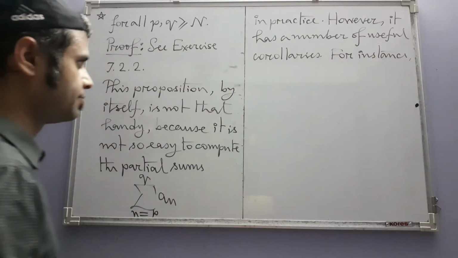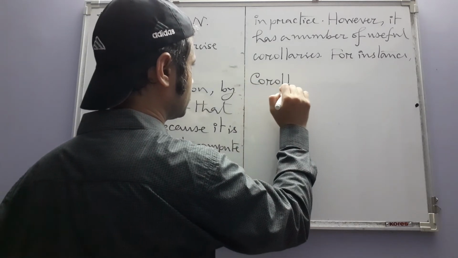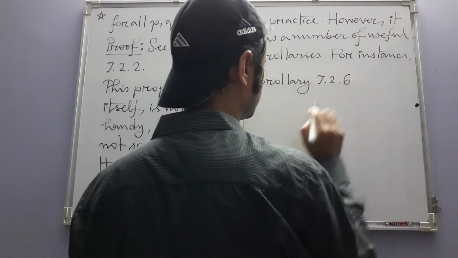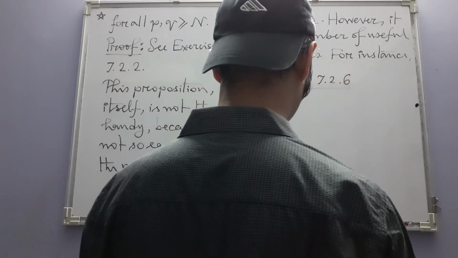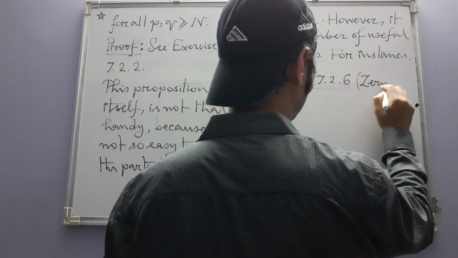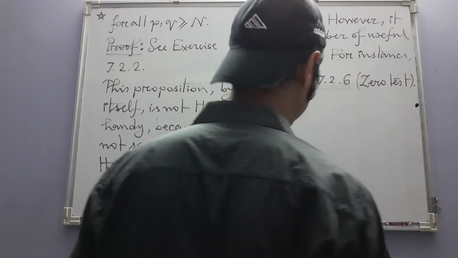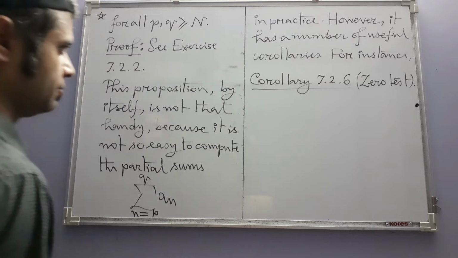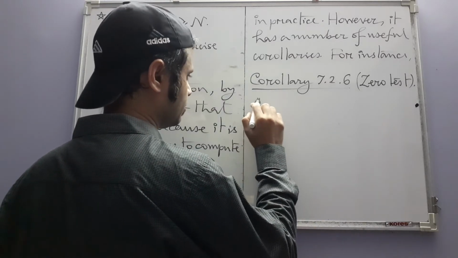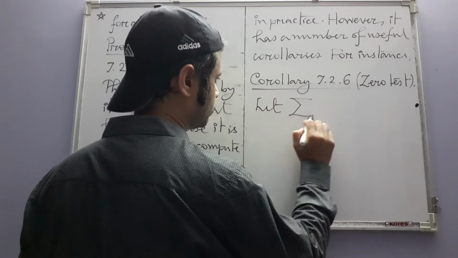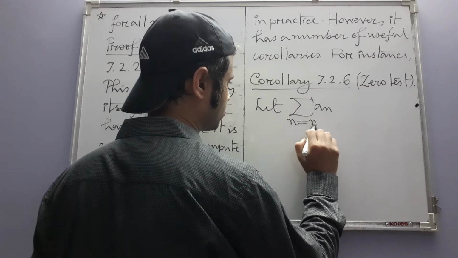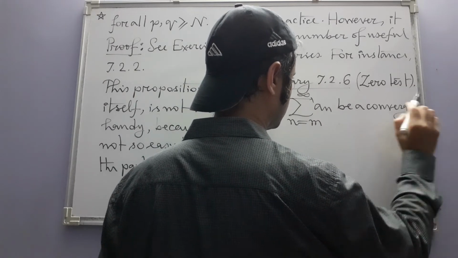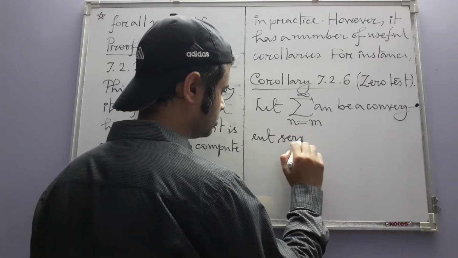For instance, this next one is the zero test. It has a name. Let the series be a convergent series.